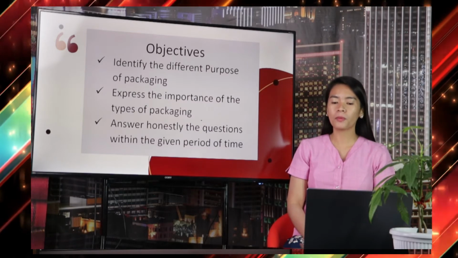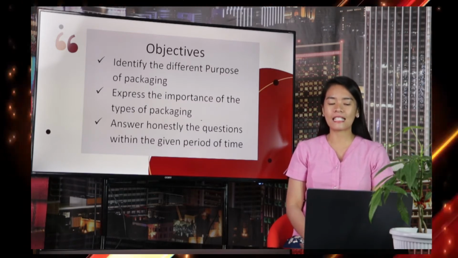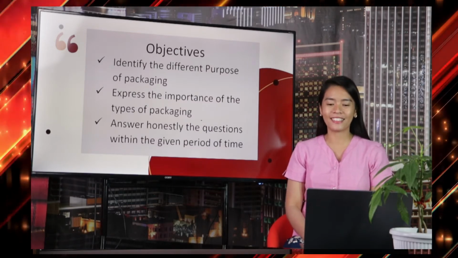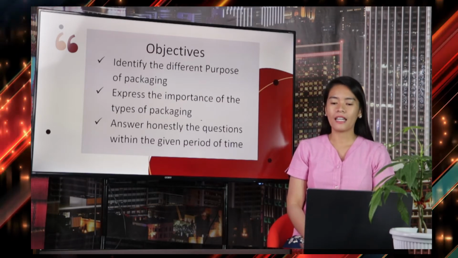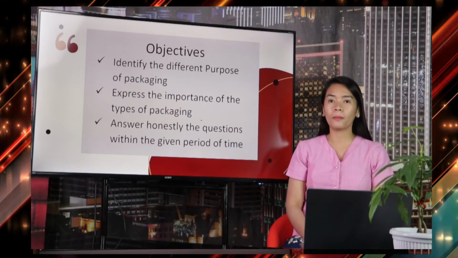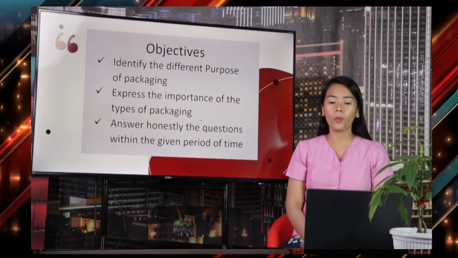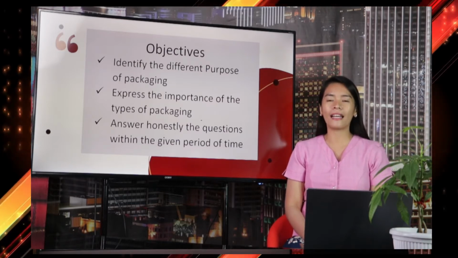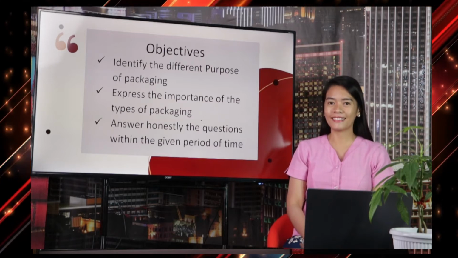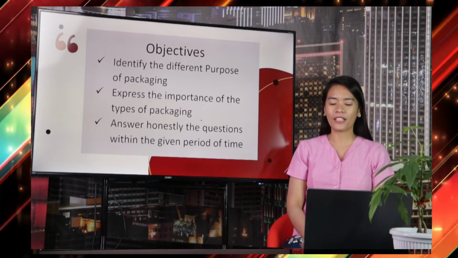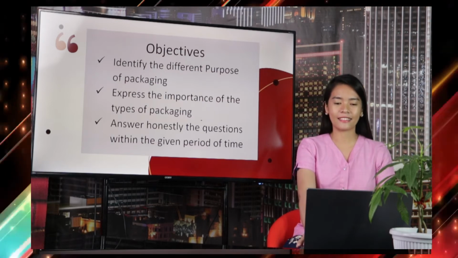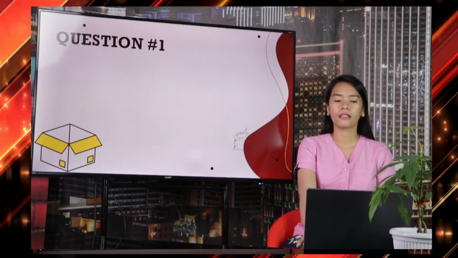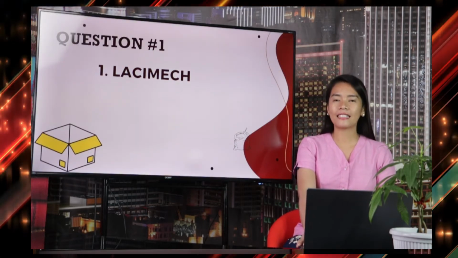But before we will proceed to our discussion, let us assess first your prior knowledge with this topic. You have to arrange the jumbled letters to form a word. I will give you 3 seconds to answer each item. Are you ready? Okay, let us start. First item.